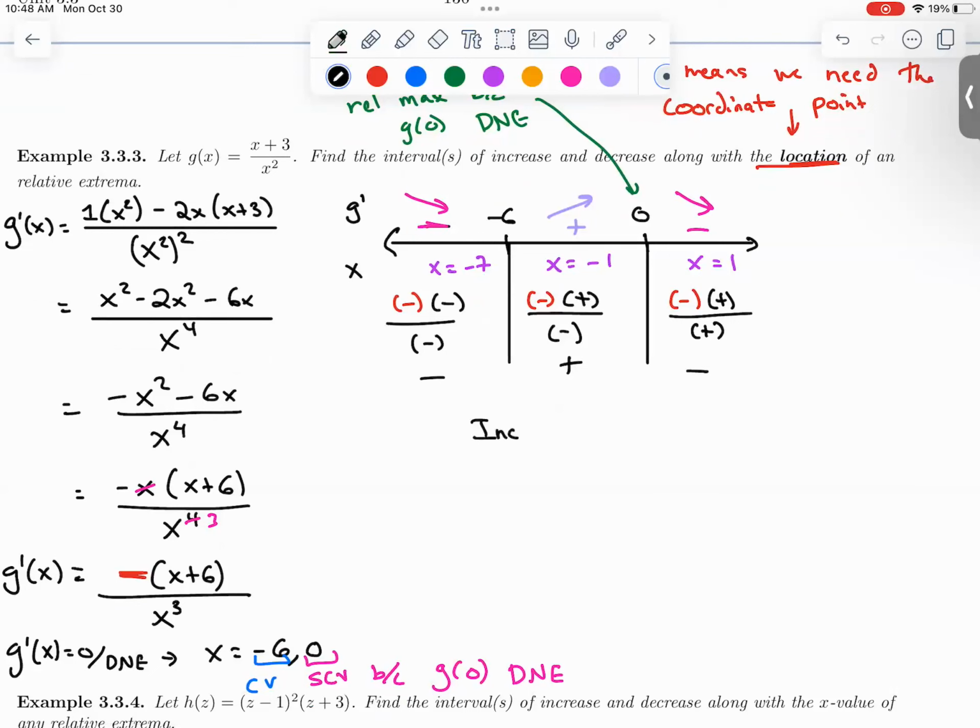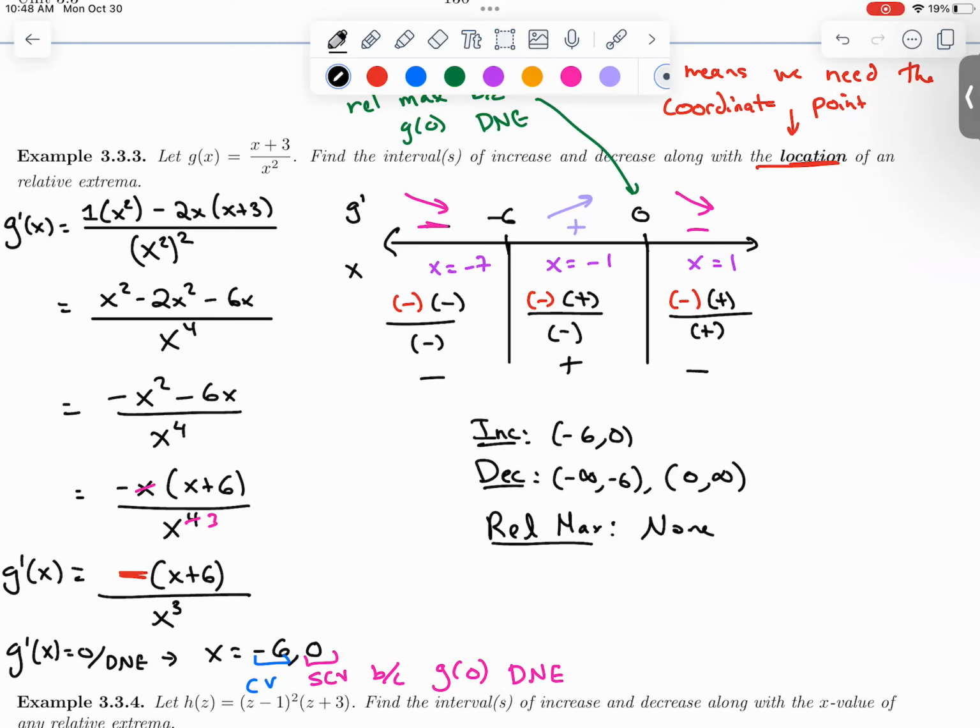It's increasing on -6 to 0. It's decreasing from -infinity to -6 and from 0 to positive infinity. A relative max, there is none. As we saw from above, 0 is not actually a point where we have a relative maximum because g of 0 does not exist.